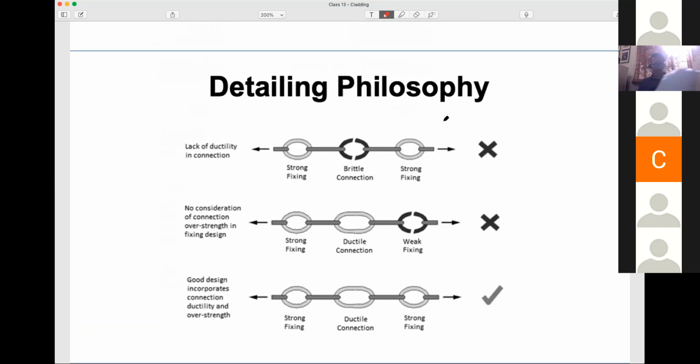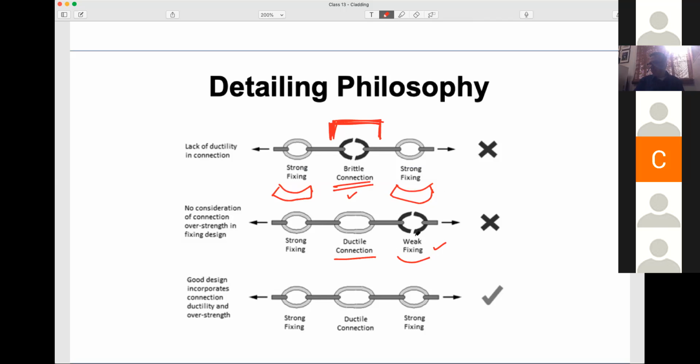All right, so kind of wrapping this up, and then we'll take a little break. Just from a philosophy point of view: the connection point, or the fixing, the points of contact, and then in the middle was that fuse piece. Conceptually it's like a chain link, in that when one of the links breaks, then the entire chain breaks. I know you've seen that analogy before, but you obviously don't want too brittle of a connection, or it's going to break.